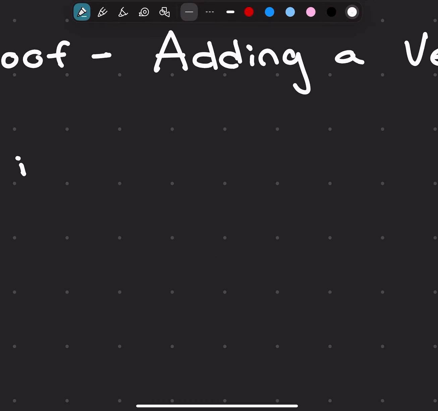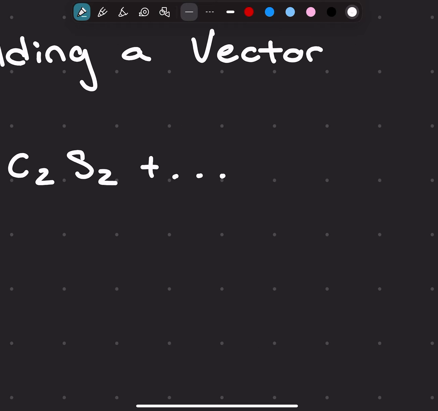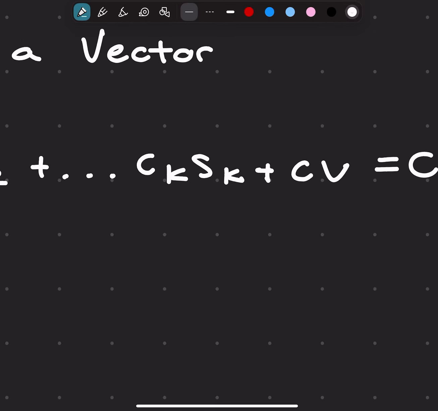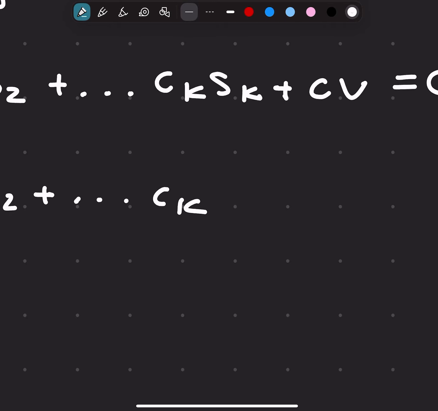So we know that a set is independent if the only solution to c1 s1 plus c2 s2 plus ... plus ck sk plus cv equals 0 is c1 equals c2 equals ... equals ck equals cv equals 0.